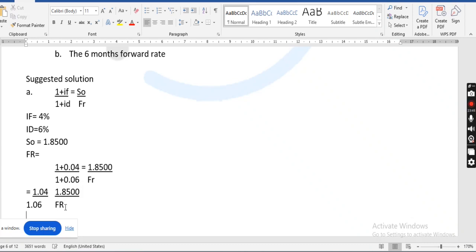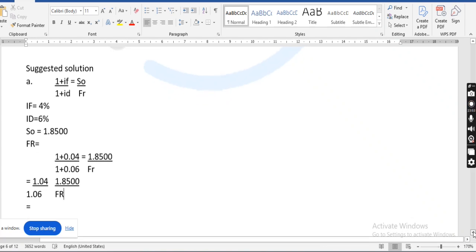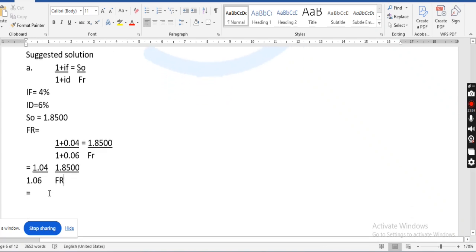What we used to do then? We cross multiply, right? Class, we cross multiply, right? Hello? Yes, sir. So when we cross multiply, we have 1.04 FR equals 1.8500 times 1.06. What do we have? 1.961.